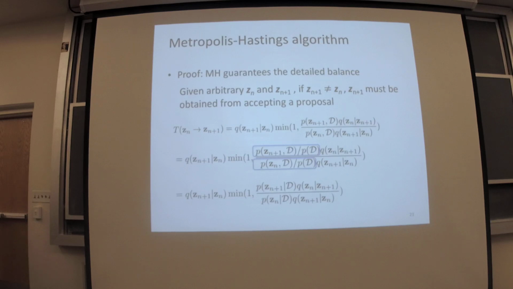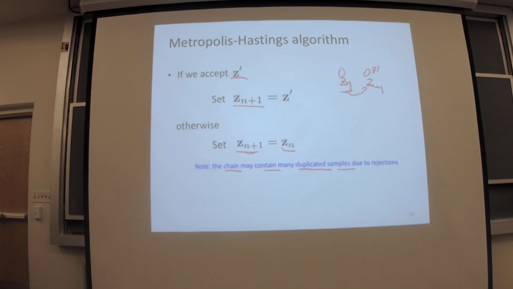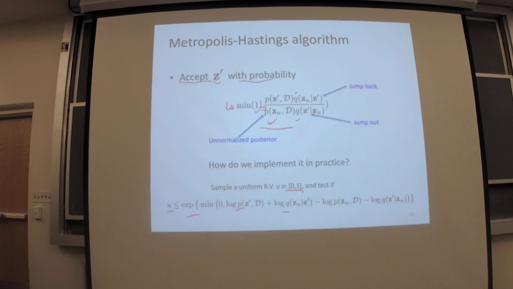So before we give the proof, are there any questions regarding the sampling procedure? I think it's pretty straightforward. So the idea is that we use the ratio of the joint probability, the joint with the new sample and the old sample.